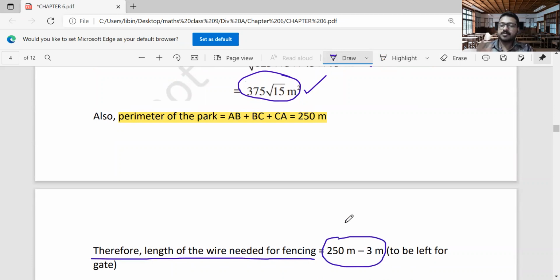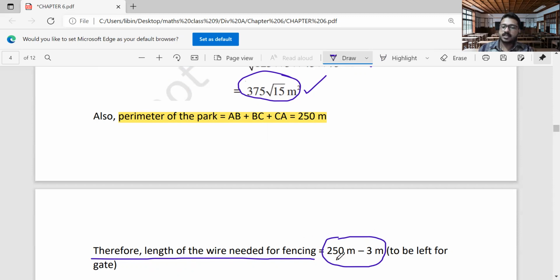Many of them forget about this 3 meter. They will think this question is very simple, so they will solve it very fast. But they will forget to subtract this 3 meter from the perimeter, and thus they will get the answer wrong. That is the problem. Okay, so keep that in mind.